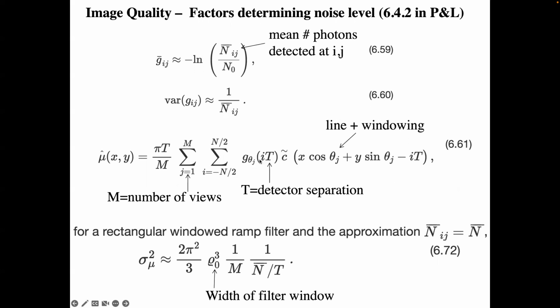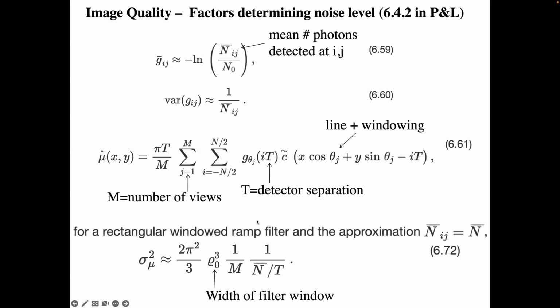Inside each one of these views, we've got N detectors, and they're separated by T, the separation width of the detectors. And then this is essentially the sampling down a line.